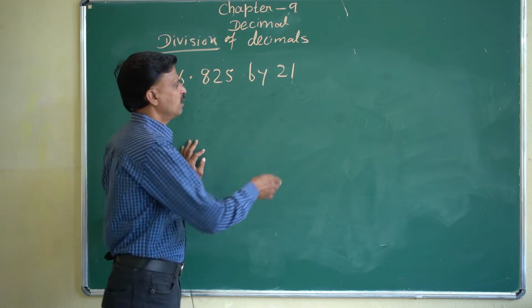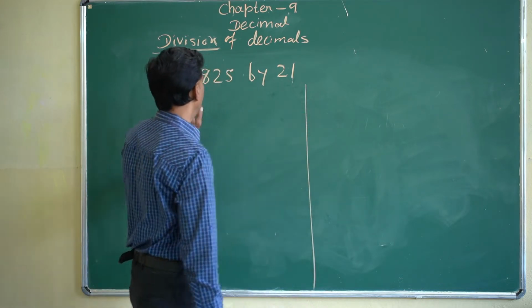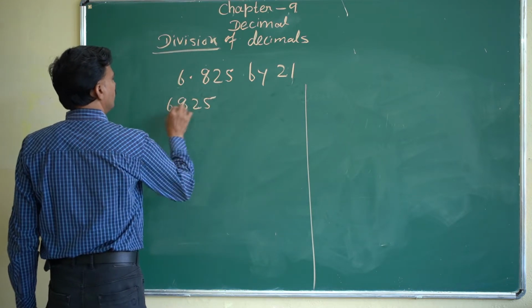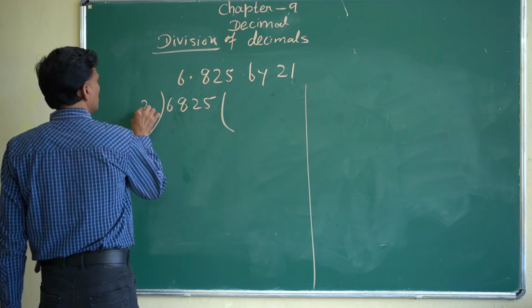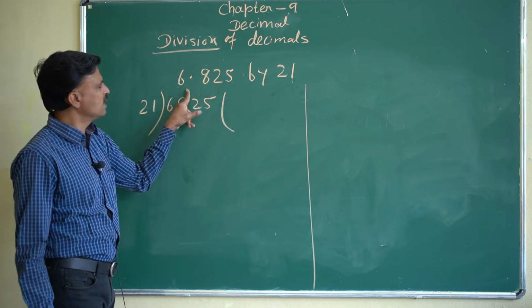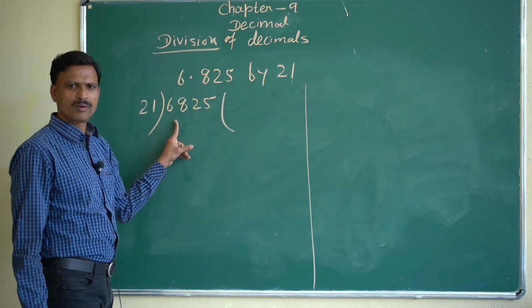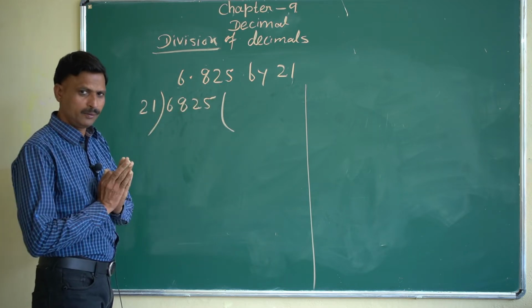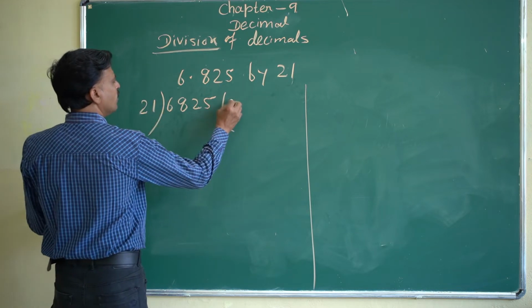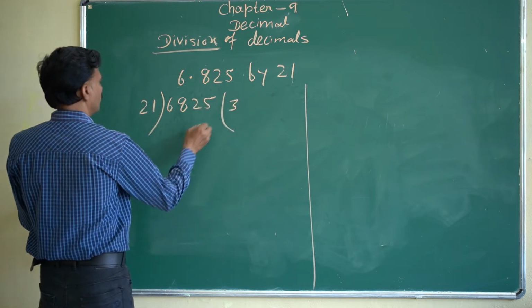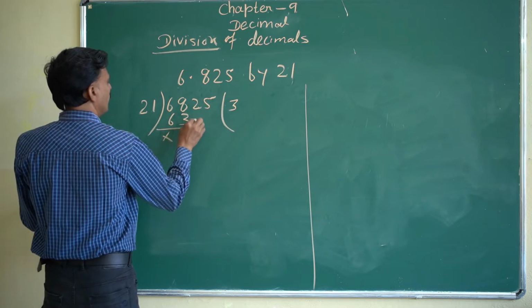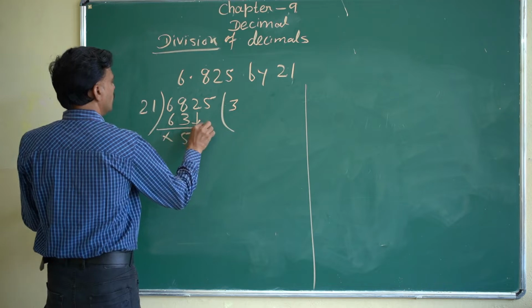So first I am taking the simple division. Divide 6.825 by 21, without taking the decimal right now.